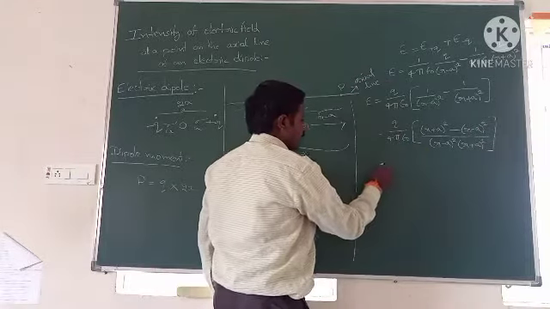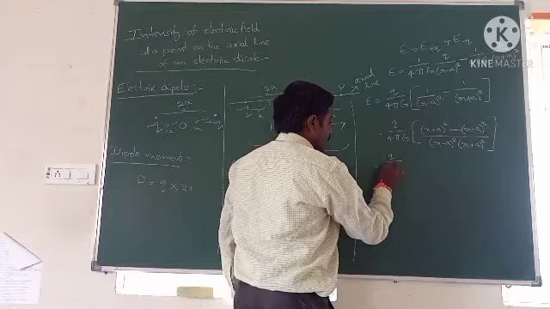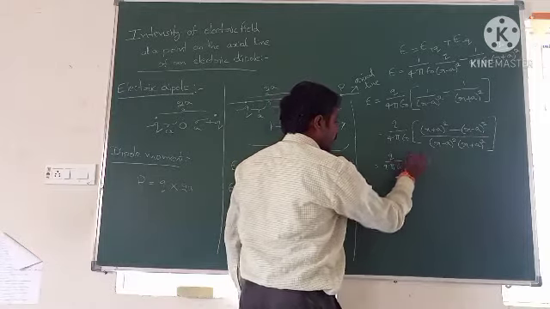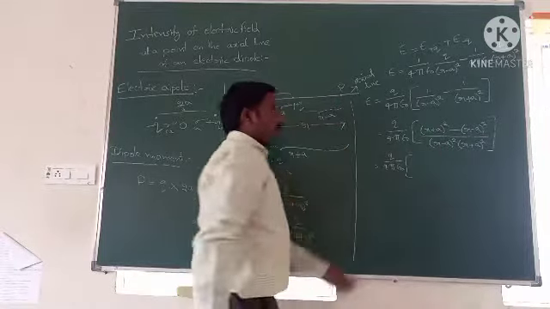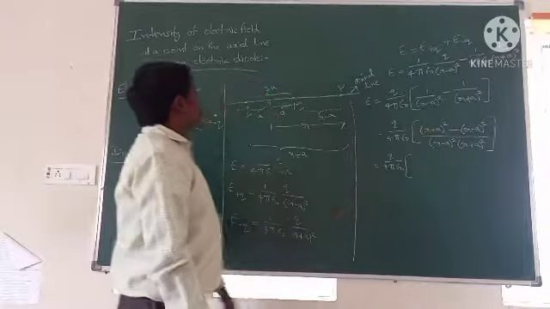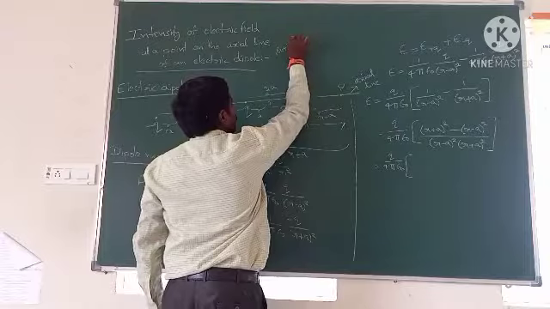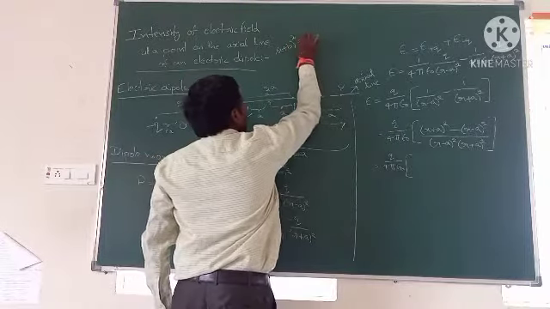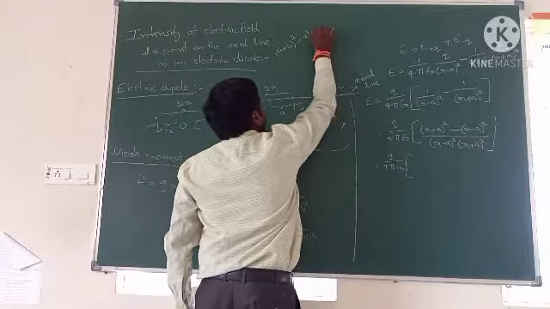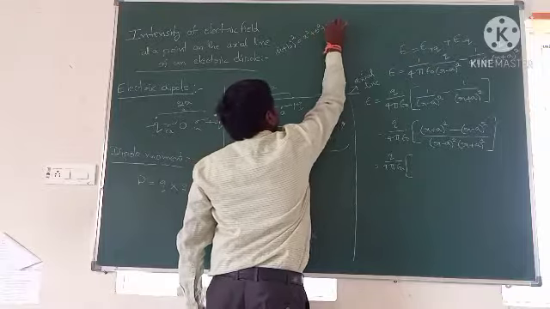Again, after simplification, q by 4 pi epsilon naught. This is in the form of (a plus b) whole square. What is the form of (a plus b) whole square? So (a plus b) whole square equals a square plus b square plus 2ab.